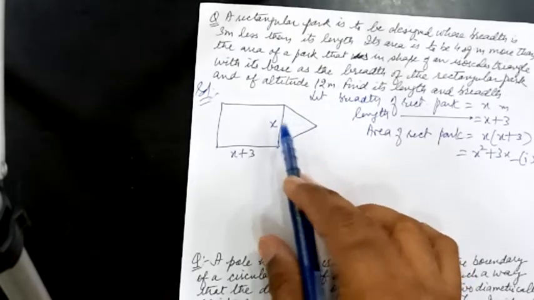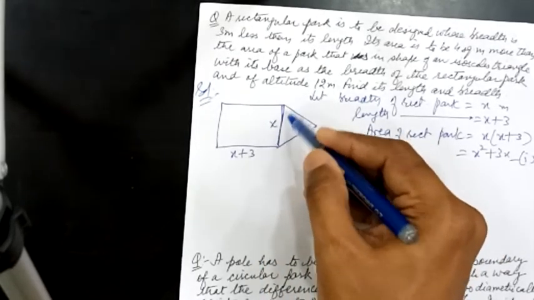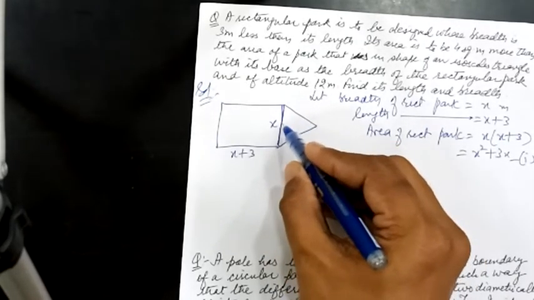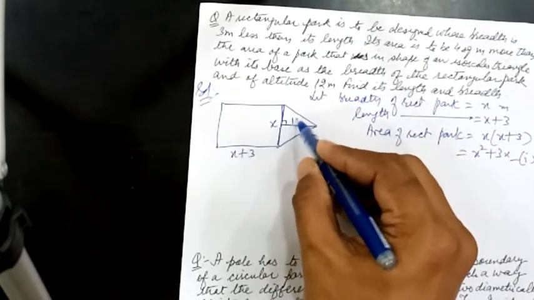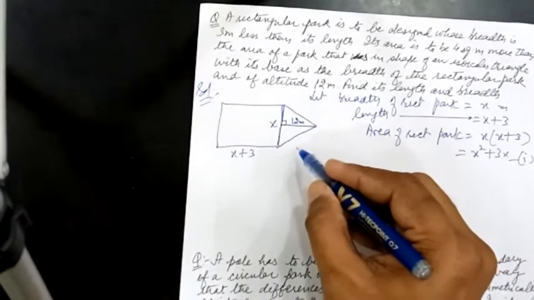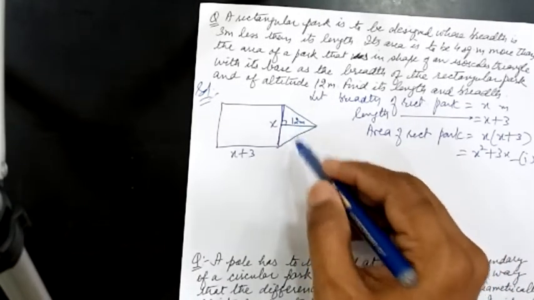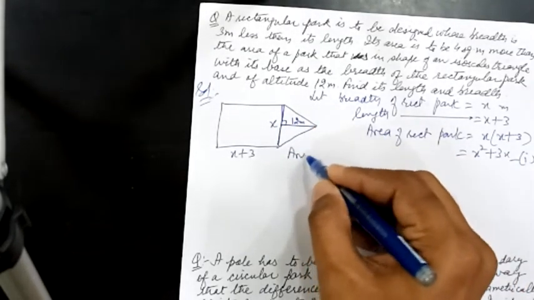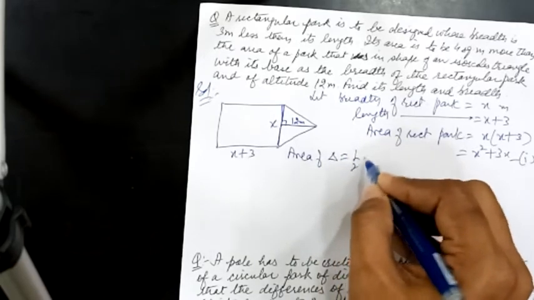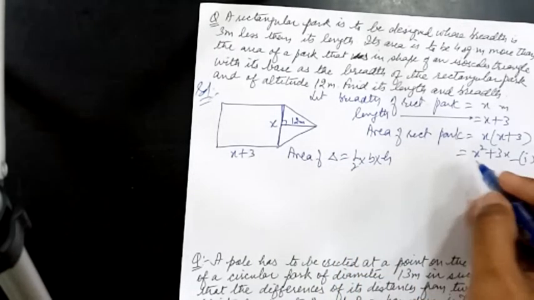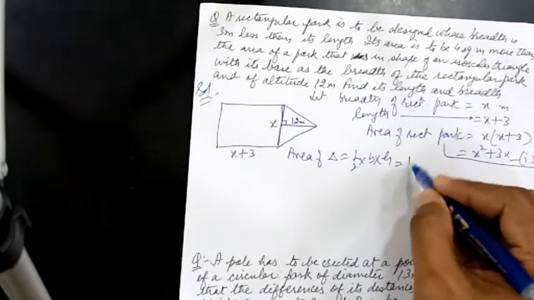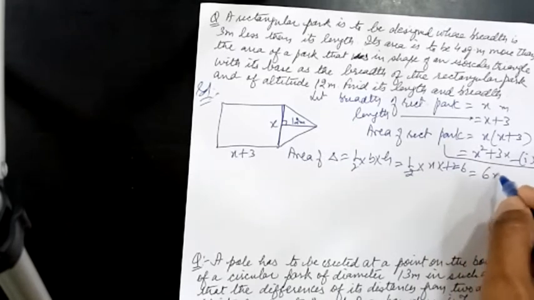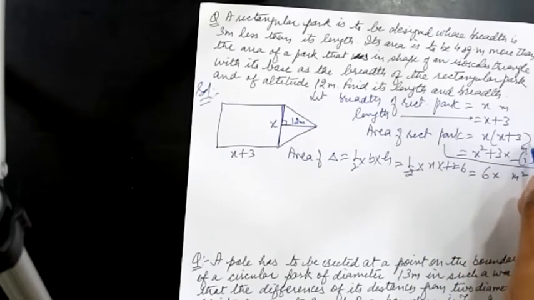As you can see, the base of this isosceles triangle is the breadth of this rectangular park, and its altitude is 12. So what will be the area of this isosceles triangle? The area will be half base into height. So half base is x, into height 12, so you get 6x meter square. This is also meter square.